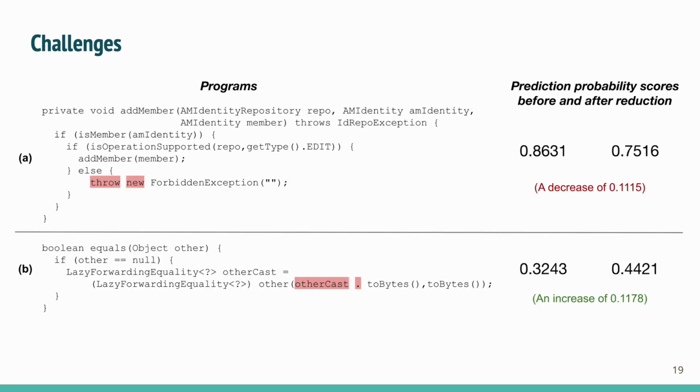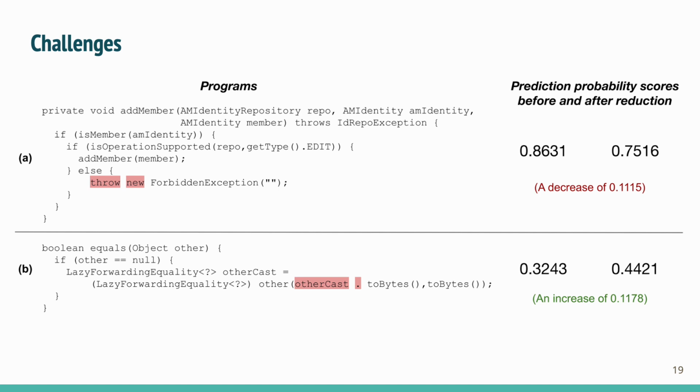Although distractors can provide a complementary view to improve interpretability, in some cases it might introduce challenges to explain. For example, in Figure A, the removal of the throw and new tokens while the exception condition is present in the code does not provide any concrete meaning.